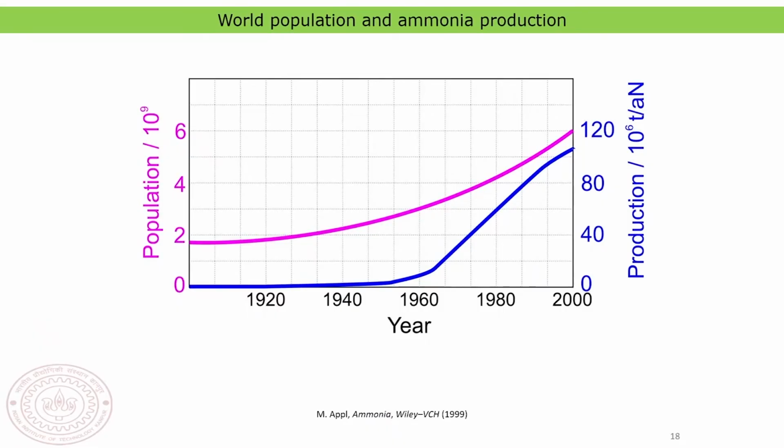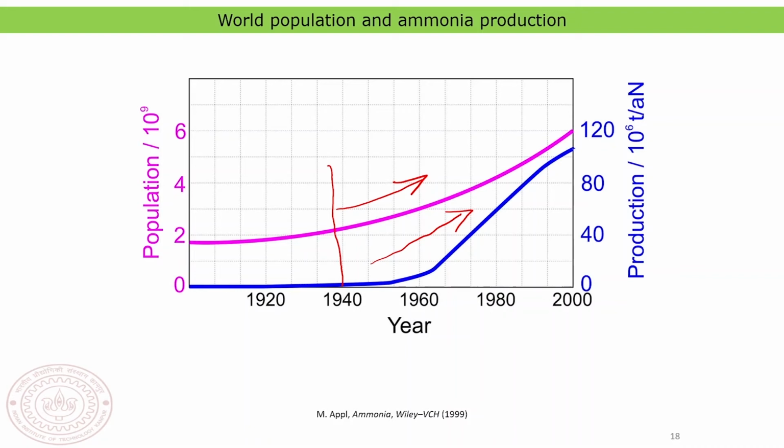Well, one of the important aspects of the Fritz Haber process is the increased production of fertilizers, or that process itself has helped in easing the production of fertilizers. So this shows the increase in the production of fertilizers, and what you also see is a nice correlation of the onset of the human population increase with the production of fertilizers.